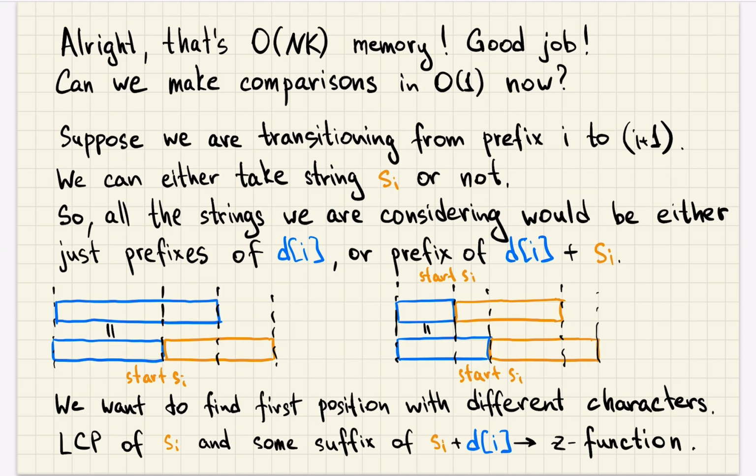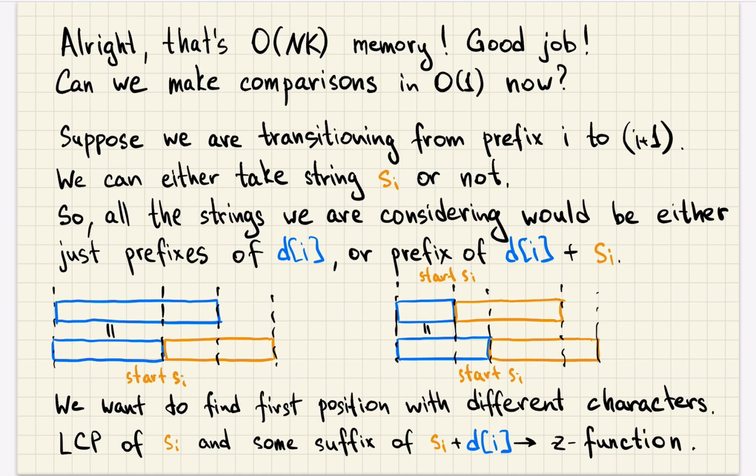And it's actually similar in this case. First we want to solve LCP starting from this position, and that's basically the same as it was here. If the LCP is smaller than this length, then we will find the first different position. Otherwise we will say, okay, so these parts are also equal. Now we want to solve LCP for s_i and a suffix of s_i.